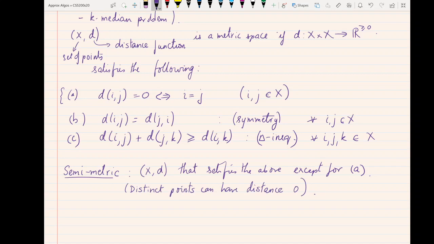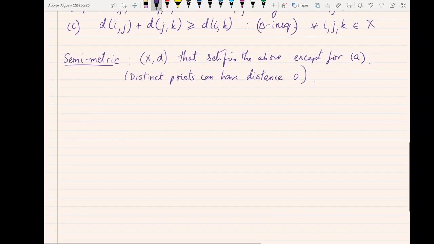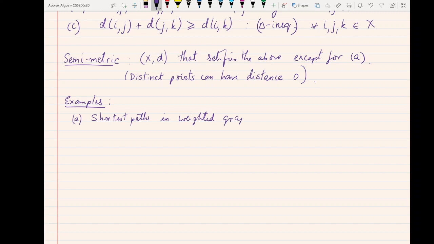Now let's look at some examples of metric spaces. The simplest example, as I've already told you at some point, is the shortest path metric on a graph, where given a graph V comma E and a weight function which goes from the edge set to reals, we have d.